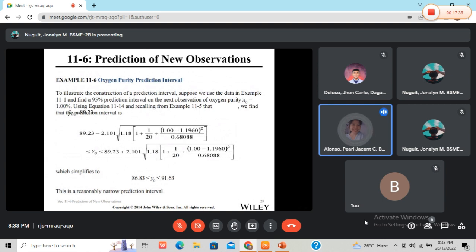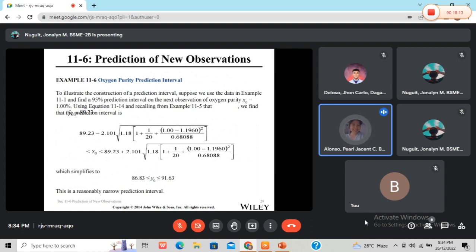So example 11-6, oxygen purity prediction interval. So to illustrate the construction of a prediction interval, suppose that we use the data in example 11-1 and find a 95% prediction interval on the next observation of oxygen purity at x sub 0 equal to 1%. And with the use of equation 11-14 and recalling from example 11-5, we can find that y hat sub 0 is equal to 89.23.